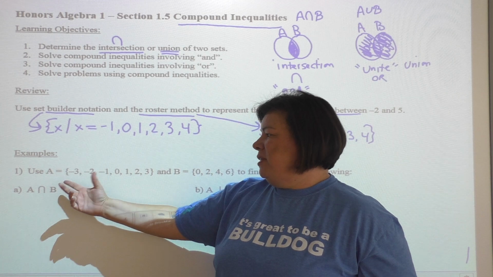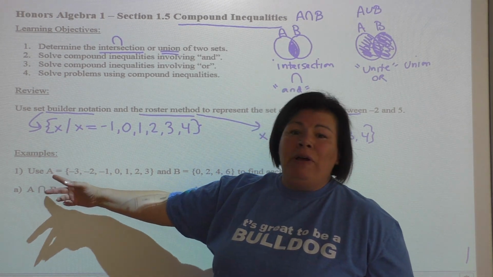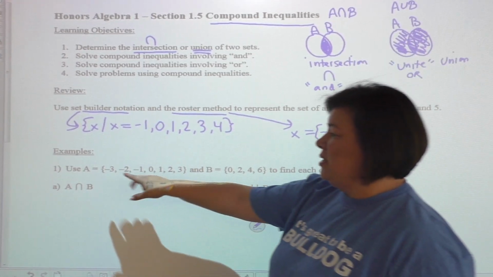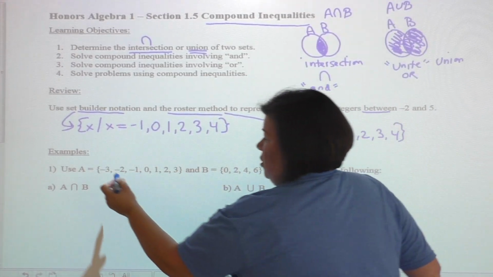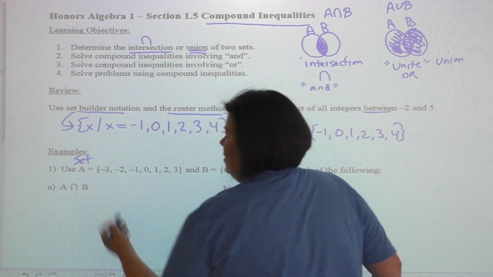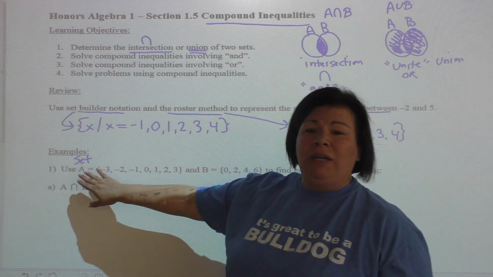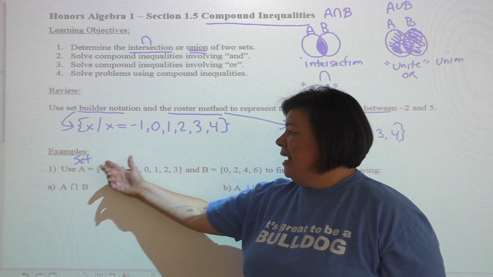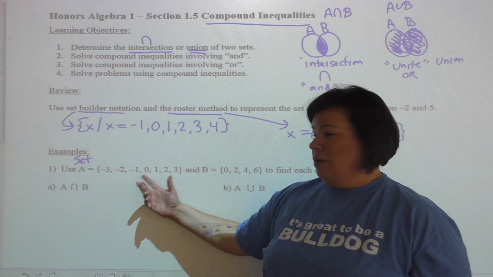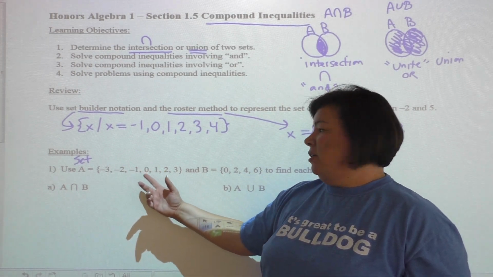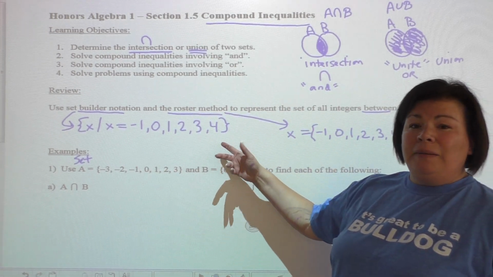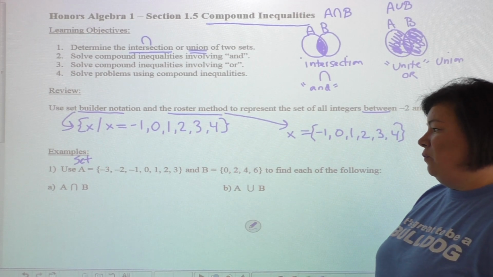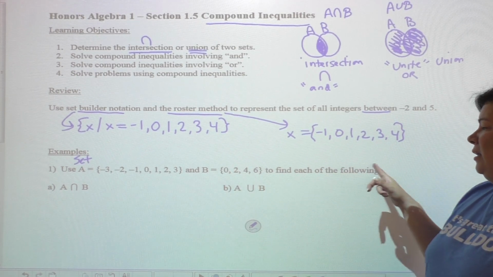This is a roster method saying use A. Now it looks like you're saying just use A, but what you're really saying is use set A. So when your example appears like that, what they really mean is use set A. So what they're saying is if set A contains all of these elements, -3, -2, -1, 0, 1, 2, 3, and set B contains all of these elements, 0, 2, 4, 6, they want you to find each of the following.